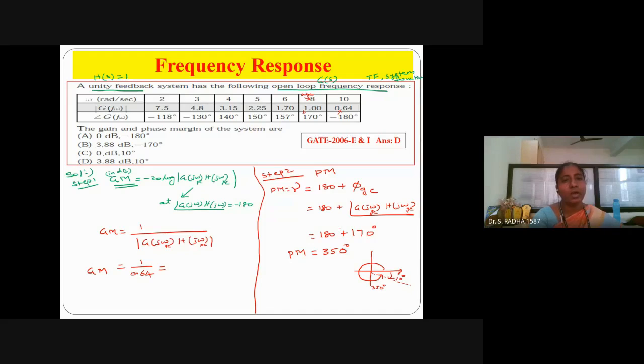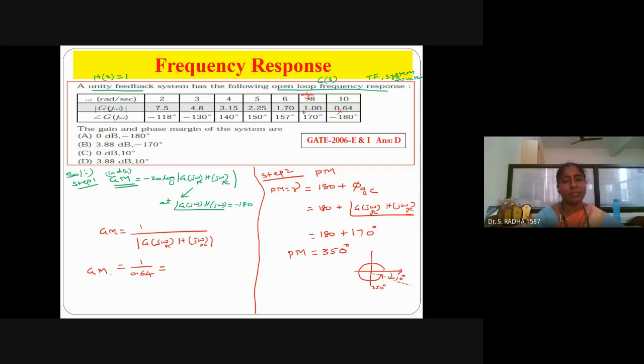So we have options C and D where 10 degrees is available. If they have mentioned it is clockwise, it is minus 350; anti-clockwise, it will become plus 10. I will clear this point later. Now 10 degrees is the answer we got, and if we neglect plus or minus, options C and D have the answer.